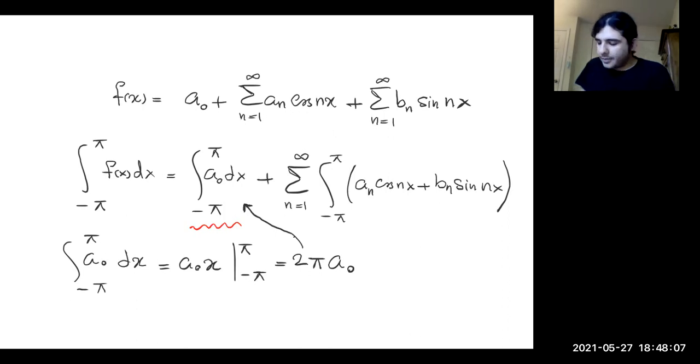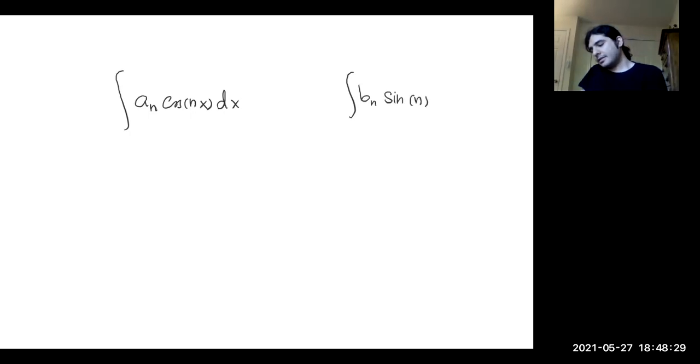What about the rest of them? I can split these integrals. The second sum has some integrals of the form integral of an cosine of nx dx, and some integrals of the form bn sine of nx dx. But the interesting thing is that, well, let's first look at sine.